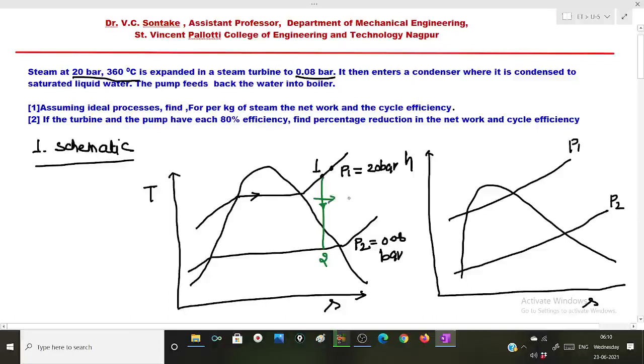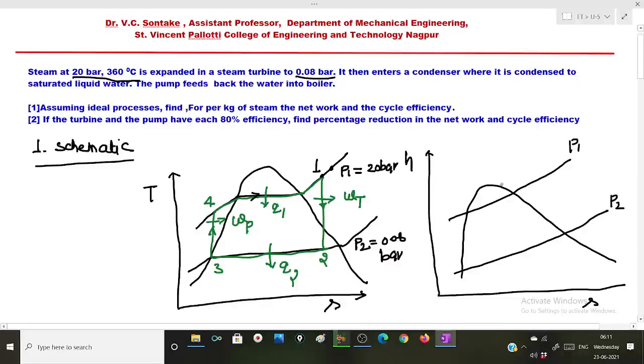Let's say WT work is produced by the turbine. 2 to 3 represents isobaric heat rejection in the condenser. 3 to 4 represents isentropic compression in the pump, and 4 to 1 represents isobaric heat addition in the boiler. Let's say the pump work is WP.